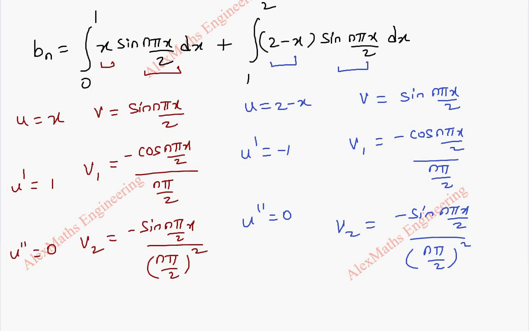Bernoulli's formula is uv1 minus u dash v2 plus u double dash v3 and so on.